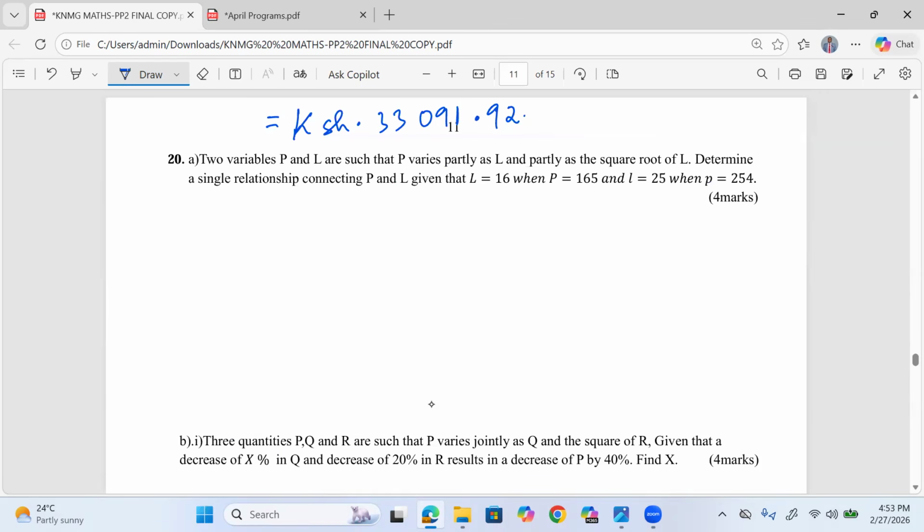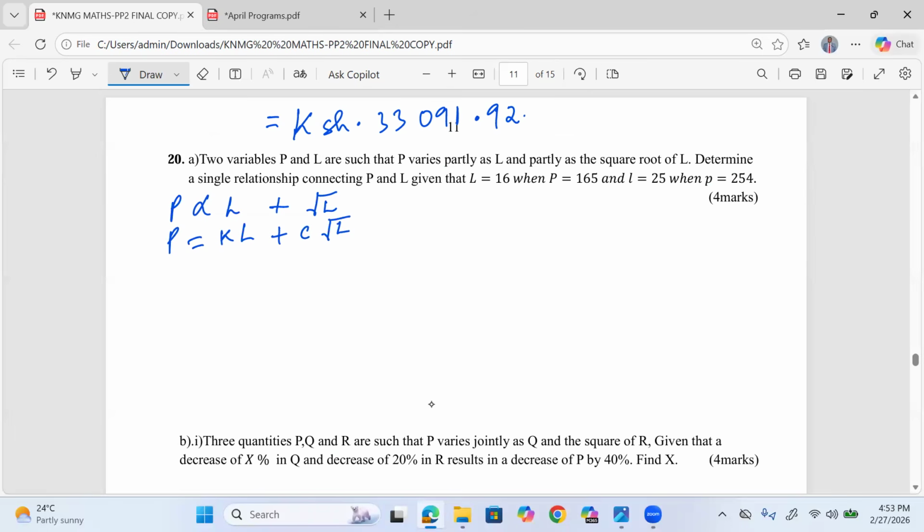Let us use the conditions provided here to find some constants. We are told that P varies partly as L and partly as the square root of L, meaning that P equals K by L plus C by the root of L.